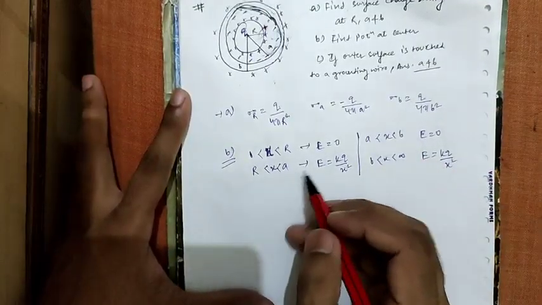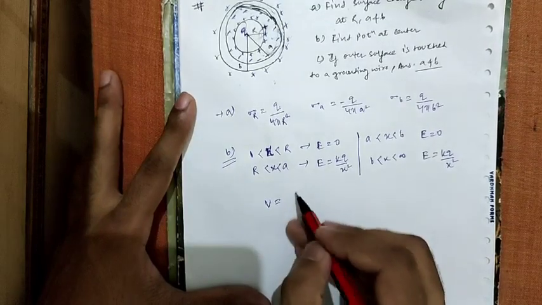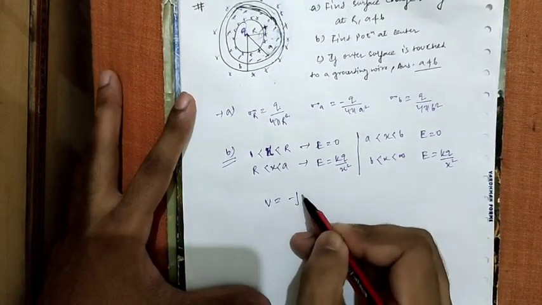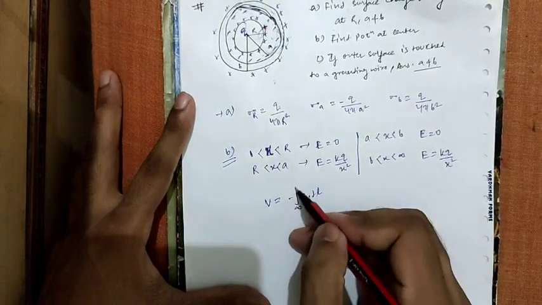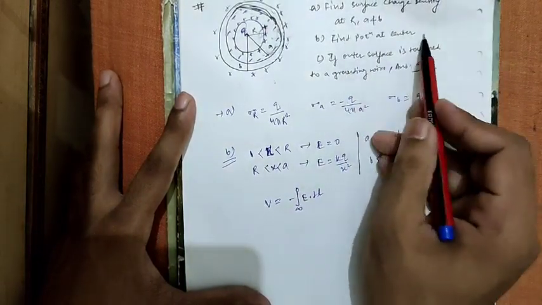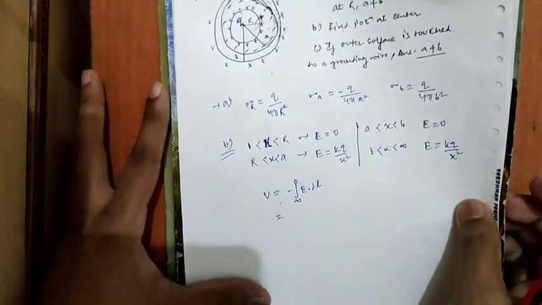Now using these we can calculate the potential, which is given as minus the integral of E dot dl from infinity to point O, as we have to find the potential at the center. So let's divide this integral into different parts.